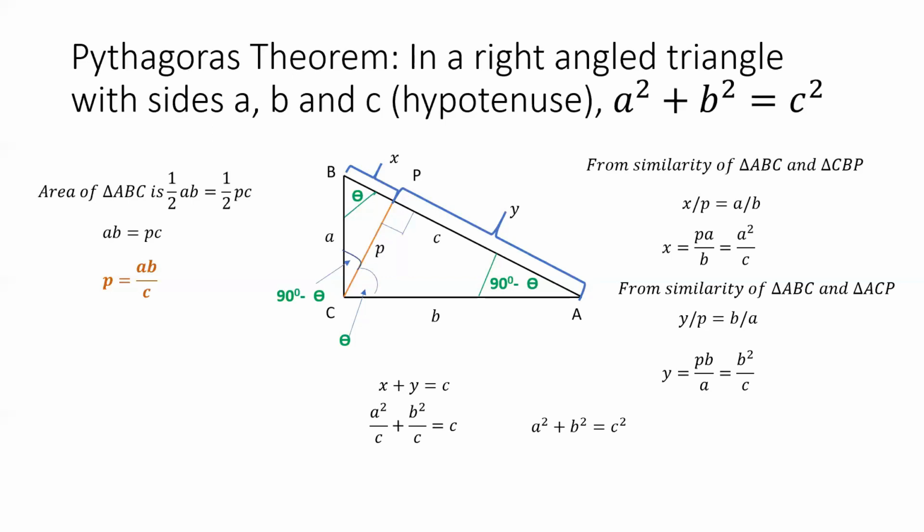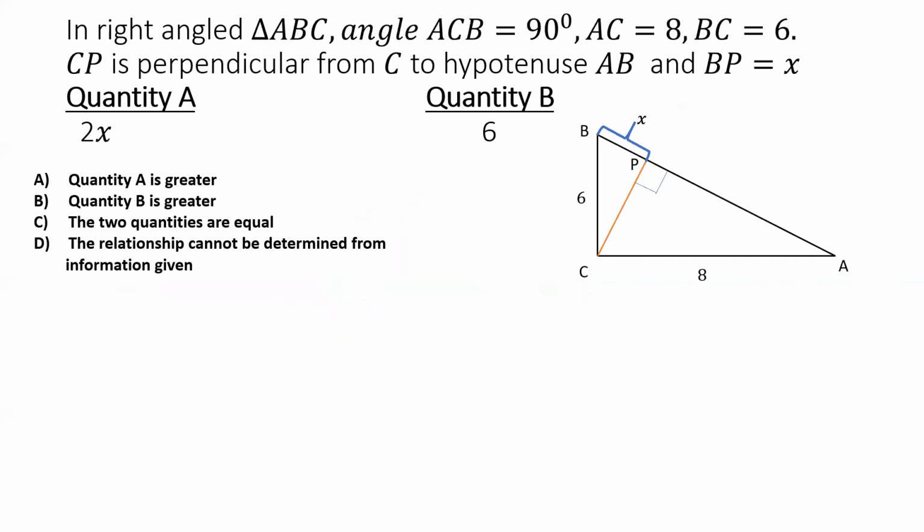So the reason I did this proof is I also wanted to show some of the important results, because this is a very common topic in standardized tests. And I'll show you one of the GRE quantitative comparison problems next, which doesn't really need you to prove the Pythagoras theorem, but the results of similarity that we obtained will make this problem very, very easy.